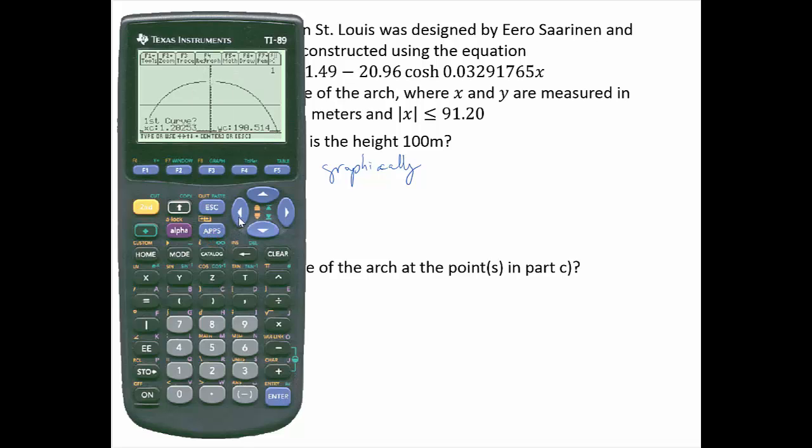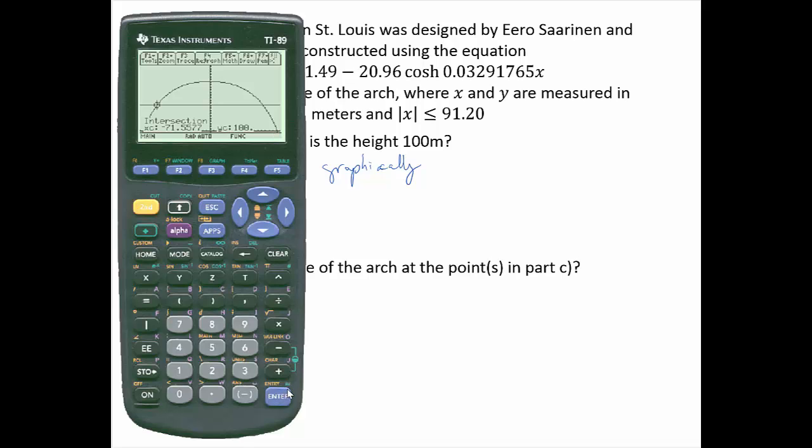For the first curve, it's always a good idea to get close to the point of intersection. So my first curve is the hyperbolic cosine curve. My second curve is the line. My lower bound, go to the left of where you think the intersection is, hit enter, and the upper bound, move right of where you think the intersection is and hit enter a second time.